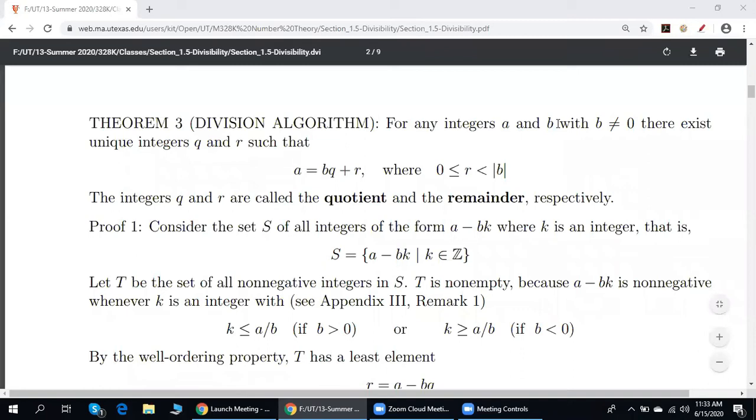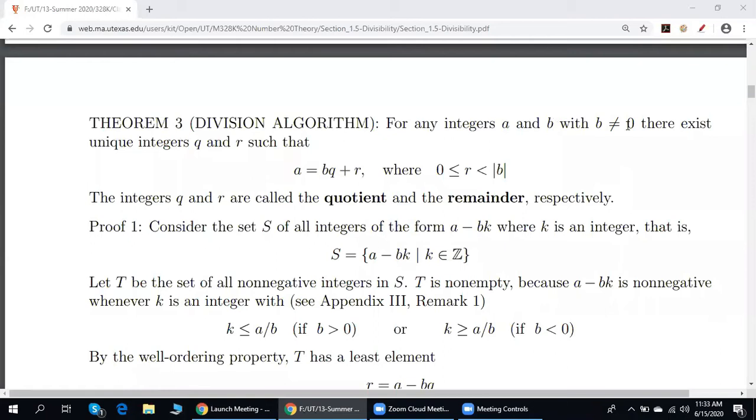Suppose A and B are integer numbers where B is not equal to 0. Then, there exist unique integers Q and R such that A is equal to BQ plus R, where R is greater or equal to 0 and strictly lesser than the absolute value of B. We call Q the quotient, we call R the remainder.